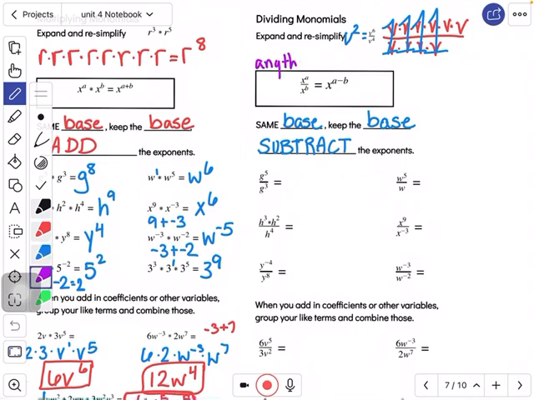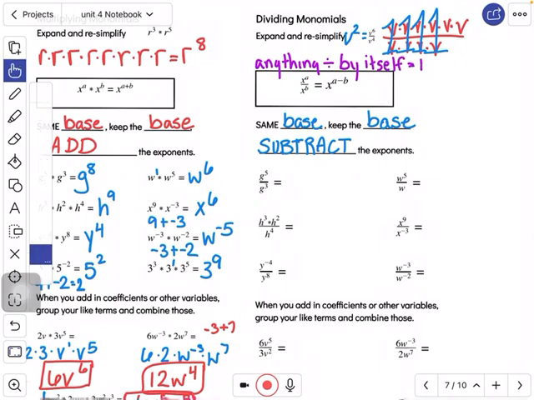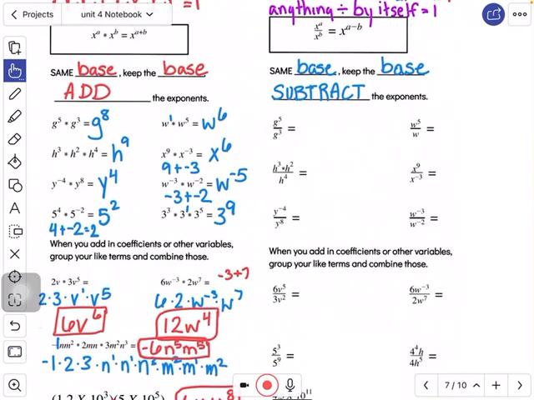Anything divided by itself equals 1. Friendly reminder. Alrighty, that will come in handy later as well.